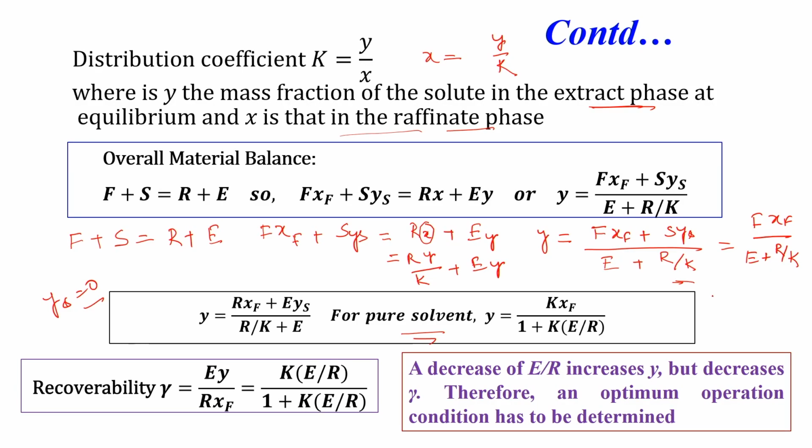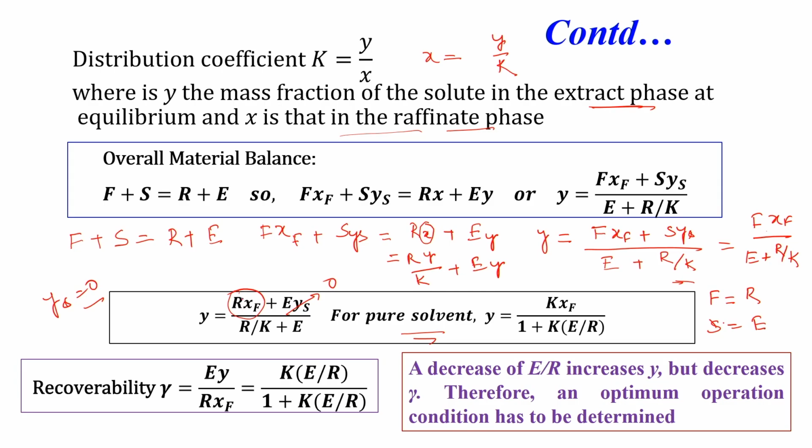So, we assume that F equals R and S equals E. So, here in place of F XF one can write R XF, and this term for the pure solvent turns out to be 0.